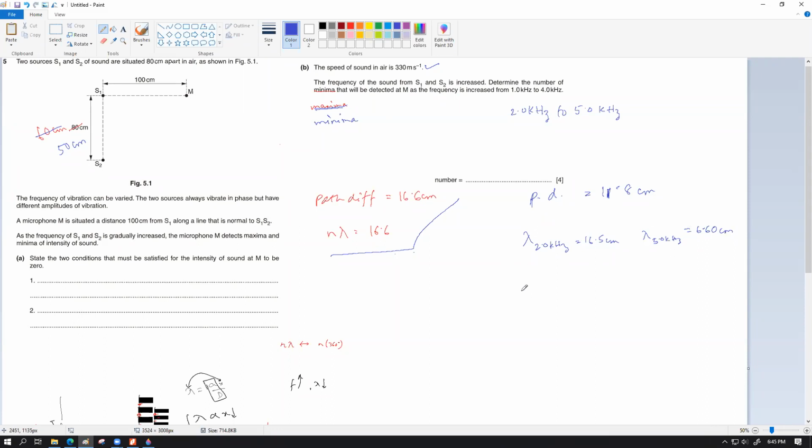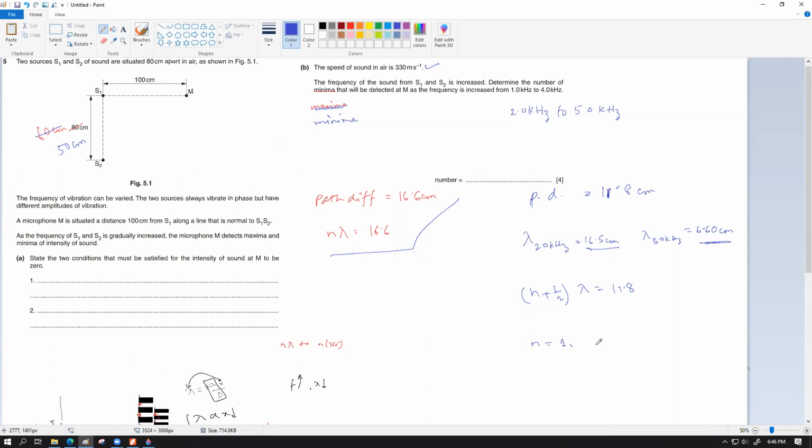And then the equation was, we're trying to find out minima for this scenario as well. So we're going to write n plus half lambda equals to 11.8. We're going to try to satisfy this equation for different values of n. Ultimately, you got only one value that falls within this range, right? Yes, sir. ওটা n এর কত জন্য আসছে? What is the value of n for you to get that number? 1 or 2? 1.